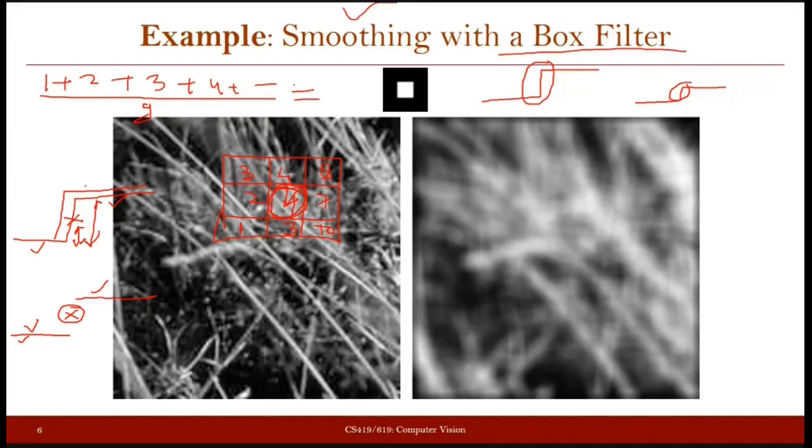You will smooth out the image, wherever sharp features will become dull features, as you see in this image. So when you operate with this filter on this image, all the sharp details have disappeared, because the difference between high and low intensity has got reduced. Okay, I hope this is clear.